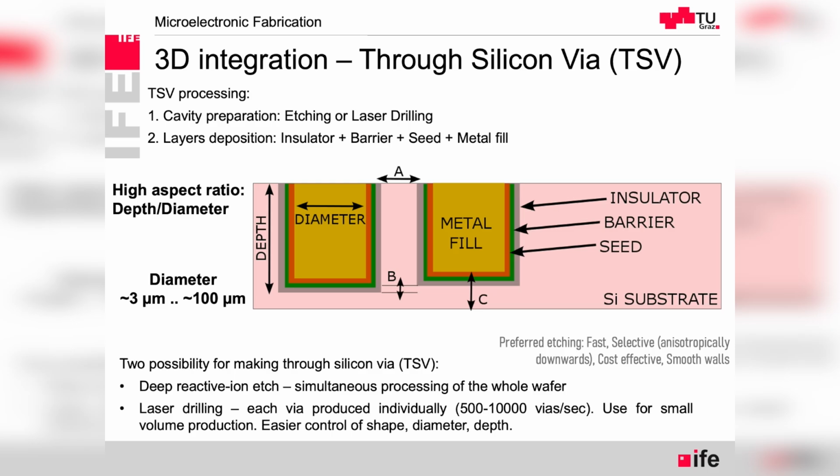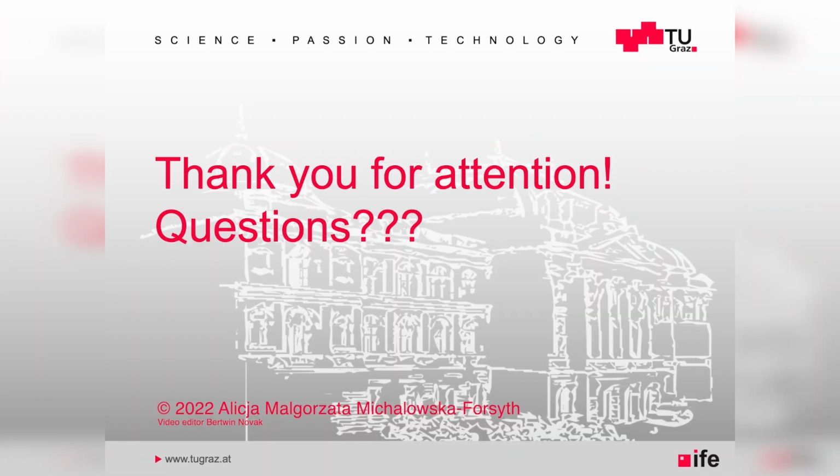Or we can do that by laser drilling, but then it's a time-consuming process because we have to basically drill one by one. So these are the two options, and depending on the purpose, one or the other can be chosen. For the 3D integrations, these are the most important steps that I have presented, and let's see what we see next in the future and which of these technologies will be more important.